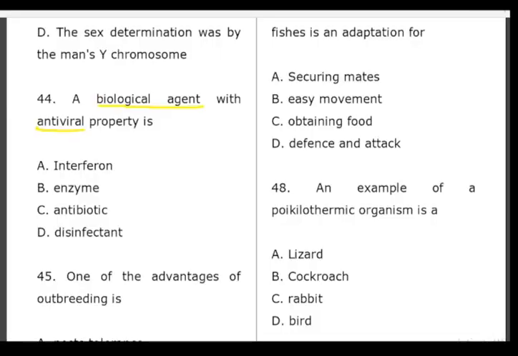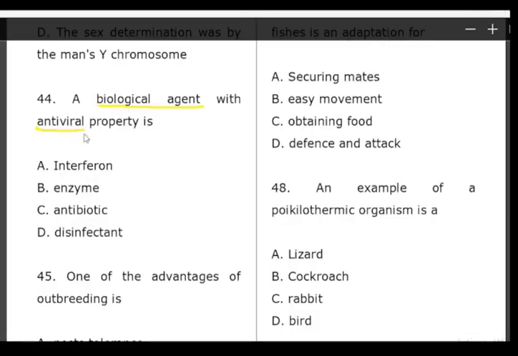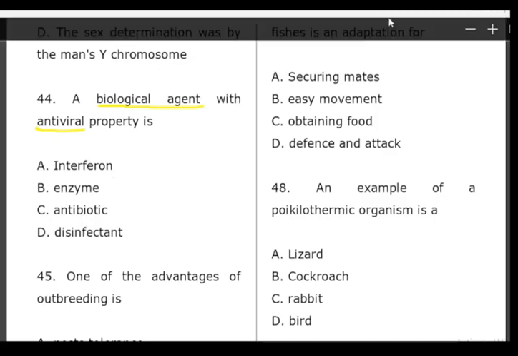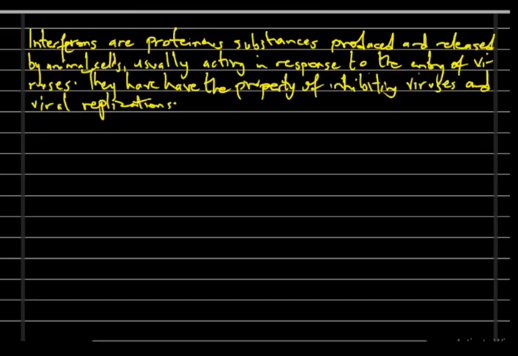Now that we understand what interferons are, we can have an idea of what the answer to our question is. But before we just go straight to picking, let us see what the other substances are. What are enzymes, antibiotics and disinfectants?